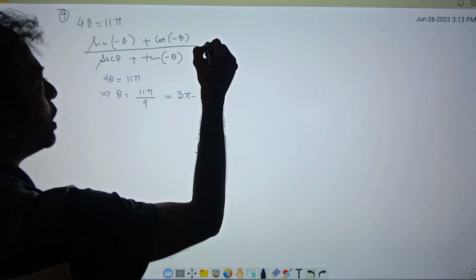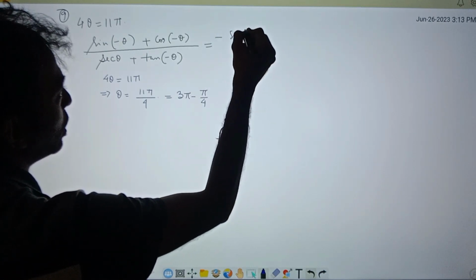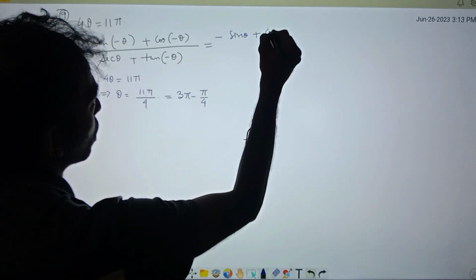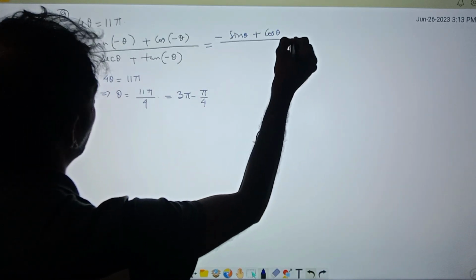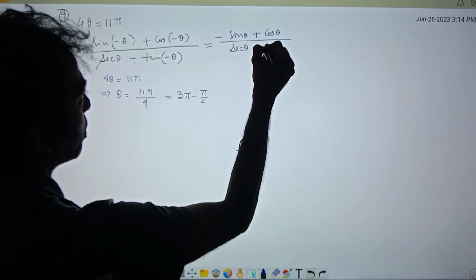Now, sine minus theta is minus sine theta according to the rule. Cos of minus theta will be cos theta. And tan minus theta will be minus tan theta.